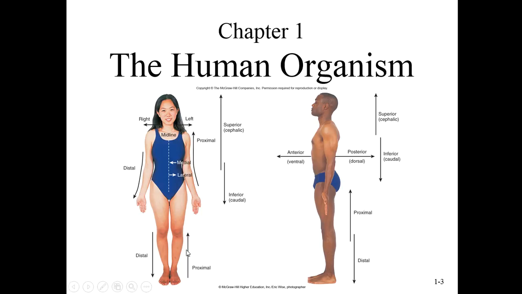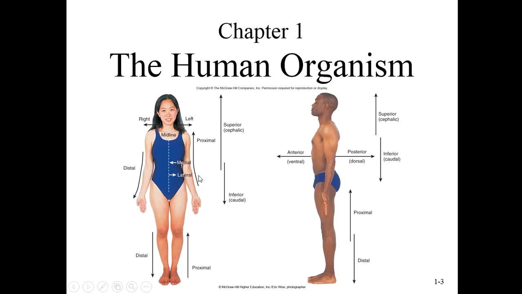The final terms that we see on this particular image are proximal and distal. Do you recognize any root words here? Proximal has the same root as the word proximity, and distal, like the word distant. So those are good clues to what they mean. These terms are used when we're talking about the limbs and tubular organs.